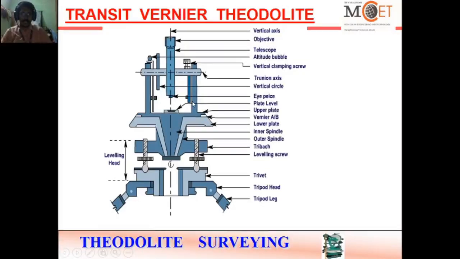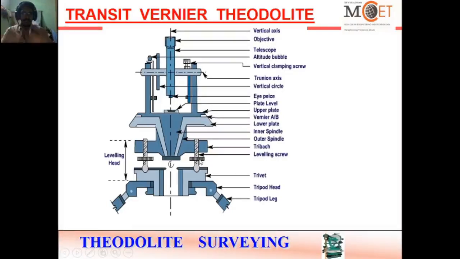Just let me make a point about it. The foot screws are connected with the tribrach, which is the holding point of the major portion of the theodolite, the tribrach arrangement, right?